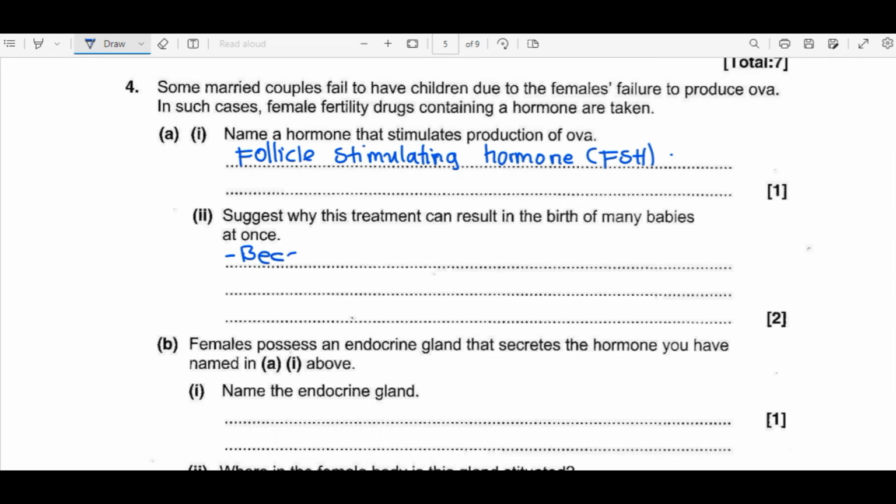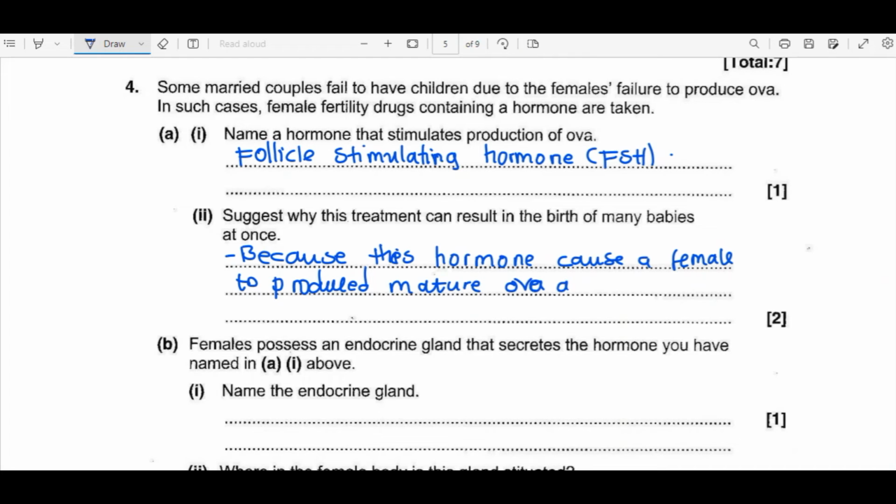Because this hormone can cause a female to produce two or more mature ova at once.